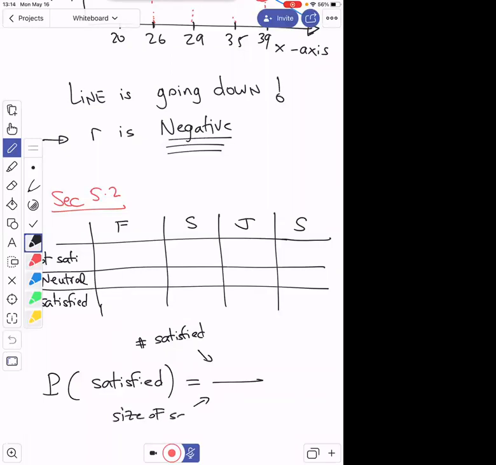In total, we have 200 students. So the number of satisfied students is 100, and the total number of students is 200. So that's 100 over 200. The answer is a half, or as a percentage, 50%. So this is 1 over 2.